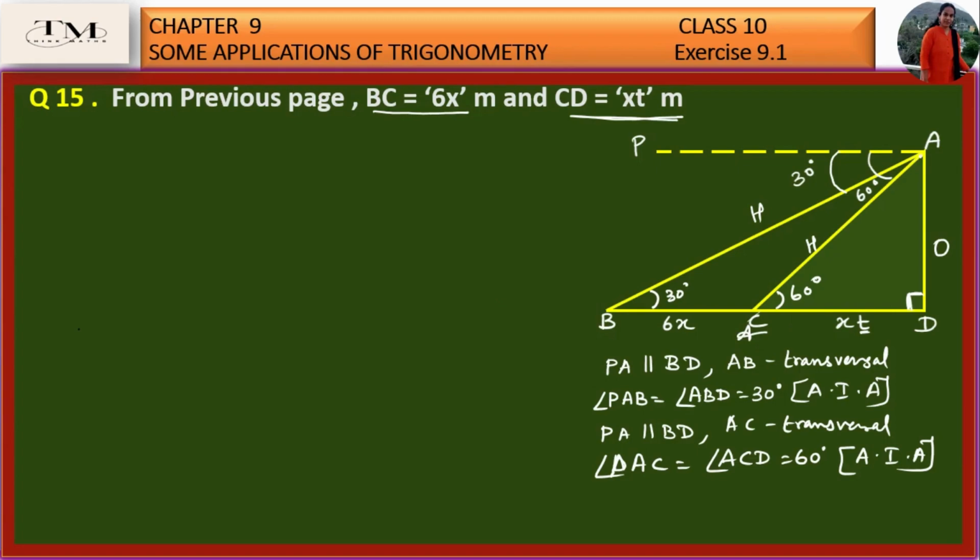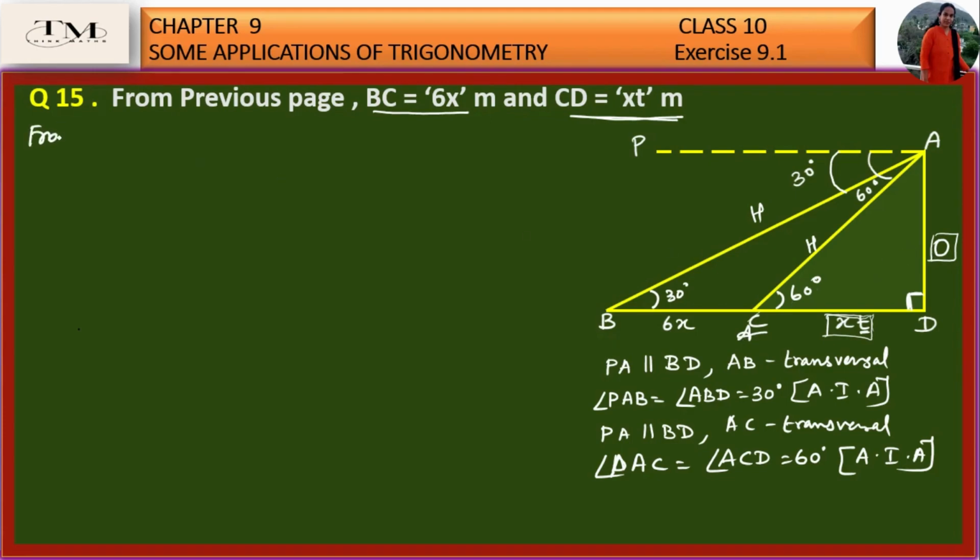Now take the small triangle ACD. What length is known? Only the adjacent side is known. AD is common for both triangles, so we will use the common side. It is between adjacent and opposite.